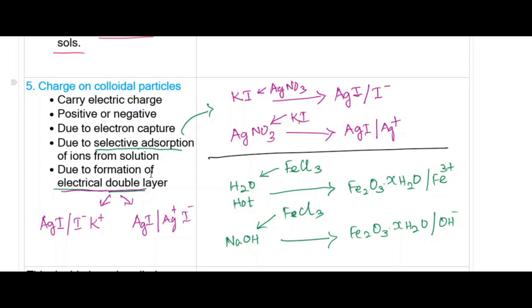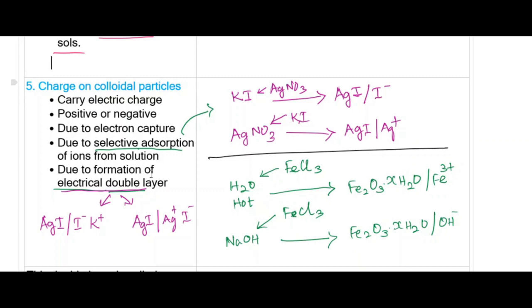One is by electron capture, another is by selective adsorption, and the third one by formation of electrical double layer. Electron capture is not acceptable to certain authors. So let us go to the next one, which has better evidence, that is called selective adsorption.